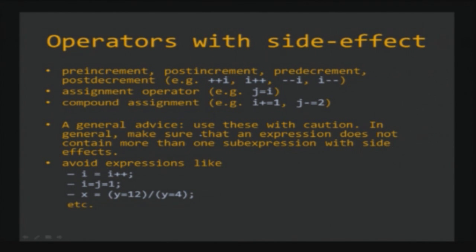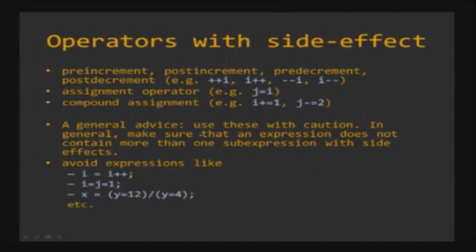Let us look at the third example. You have x = y = 12 / y = 4. Again, it is not clear which of the sub expressions, y = 12 or y = 4, will happen first, so the result of this expression is very difficult to interpret. In general, do not use full expressions that have more than one side effect, even if they are on a single variable.